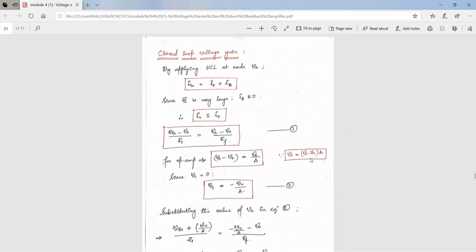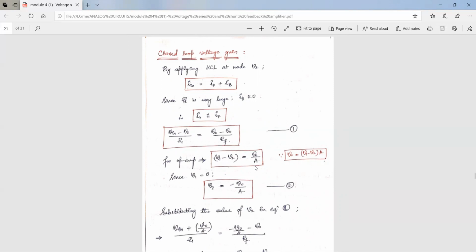This op amp will amplify the difference in the input signals, so the output voltage will be equal to the difference in the input signals multiplied with the open loop gain of the amplifier. From this we can write the differential voltage V1 minus V2 as equal to V0 by A, isn't it?